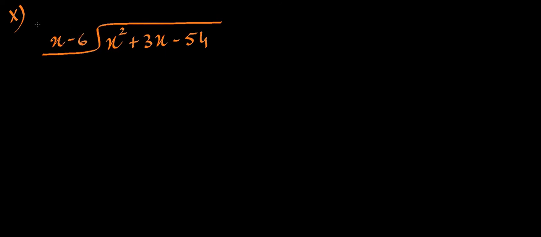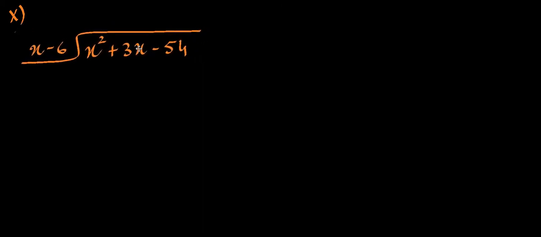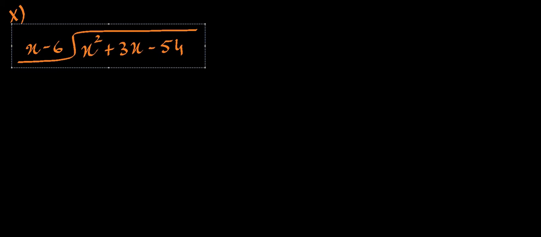Now it's again a binomial. My divisor is a binomial again. So how do I deal with it? Let's see. The procedure remains the same.